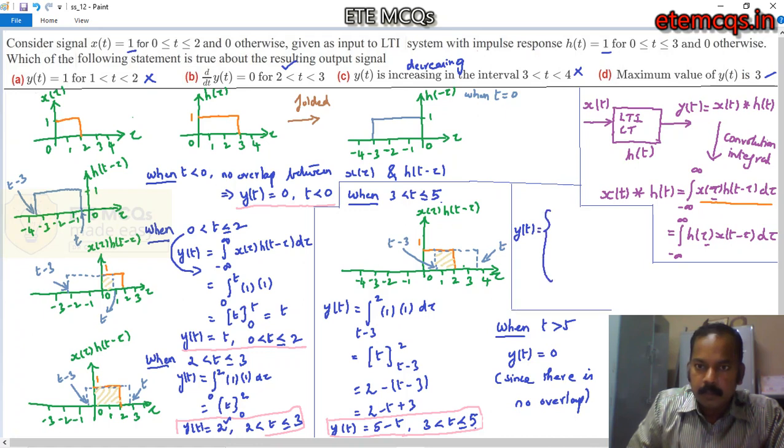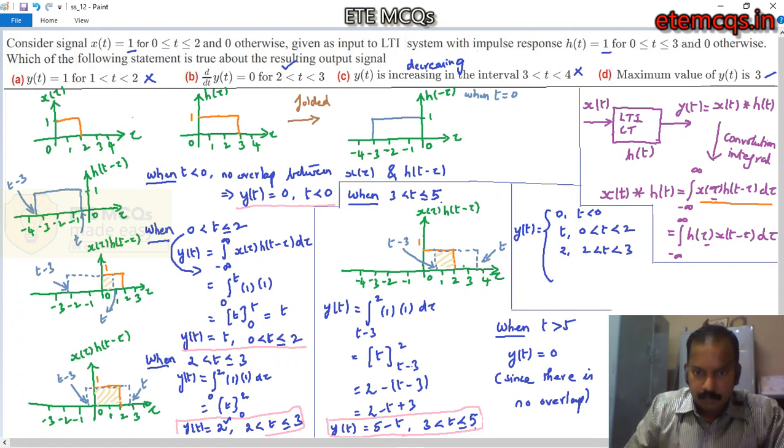y of t is equal to 0 for t less than 0. Next, y of t is equal to t for t between 0 and 2. Next, y of t is equal to 2 for t between 2 and 3.